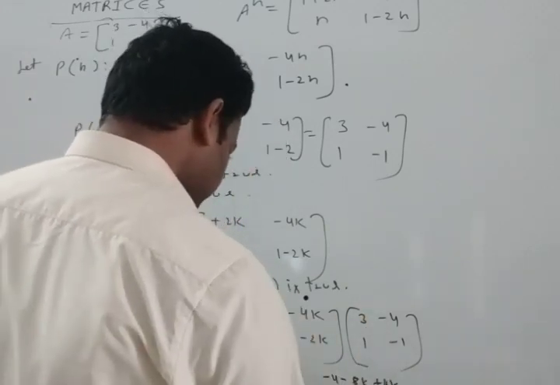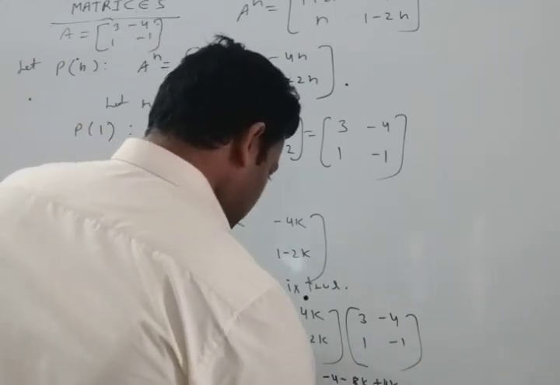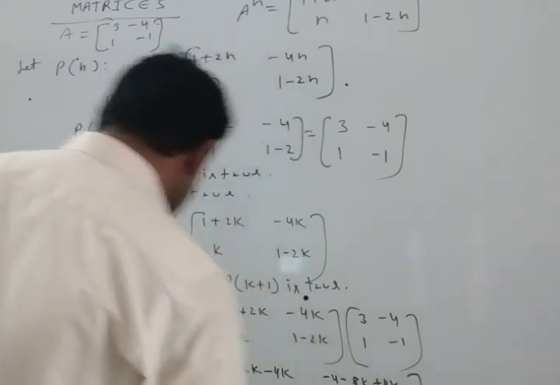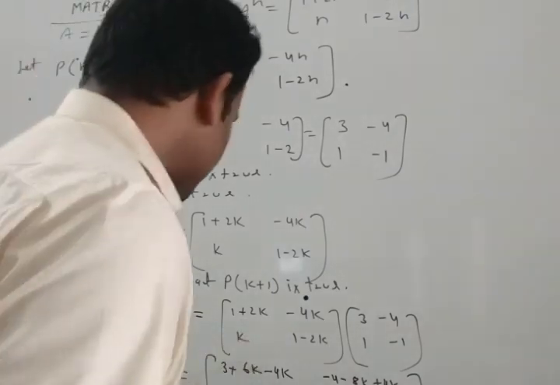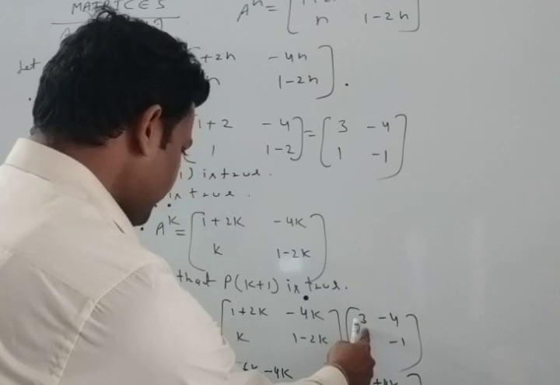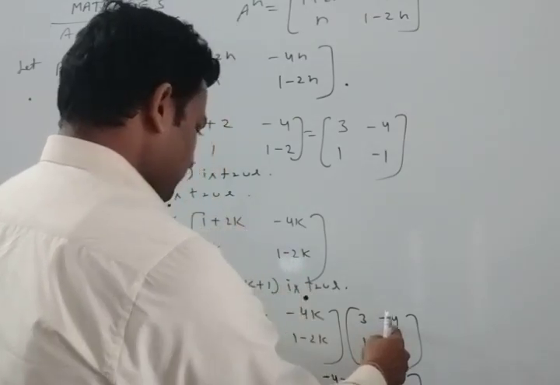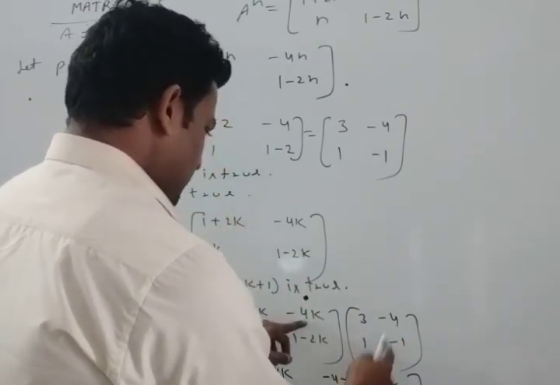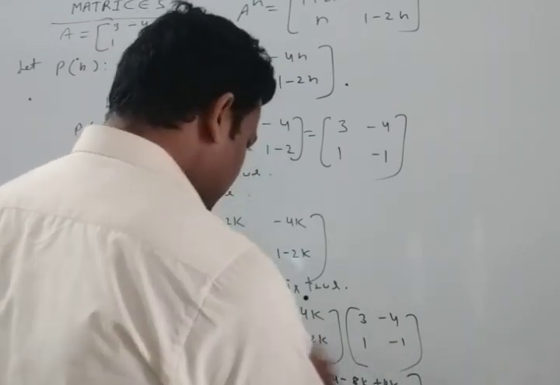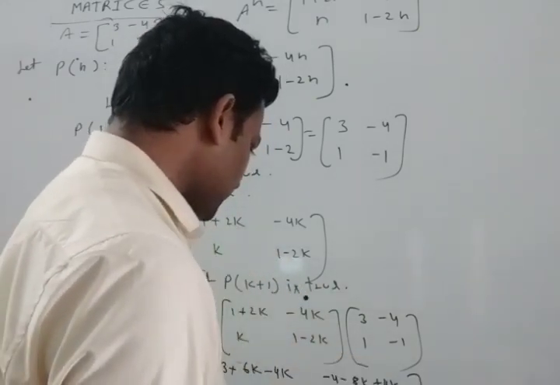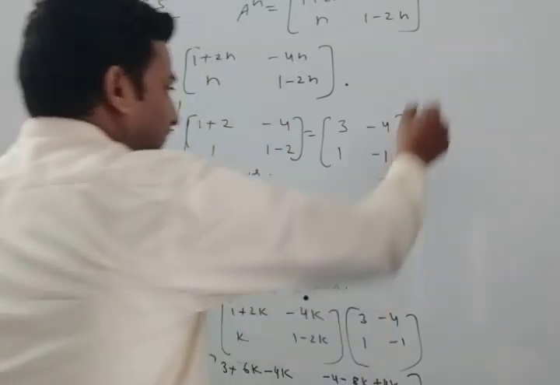Again this term 3k, k, minus 4k and minus 1 plus 2k. Now multiply again this 1 plus 2k into 3, so 3 plus 6k and minus 4k, 1, minus 4 minus 8k and minus minus plus 4k, again 3k and this 1 minus 2k, minus 4k and 1, and this 1 minus 1 plus 2k. Now solve this.